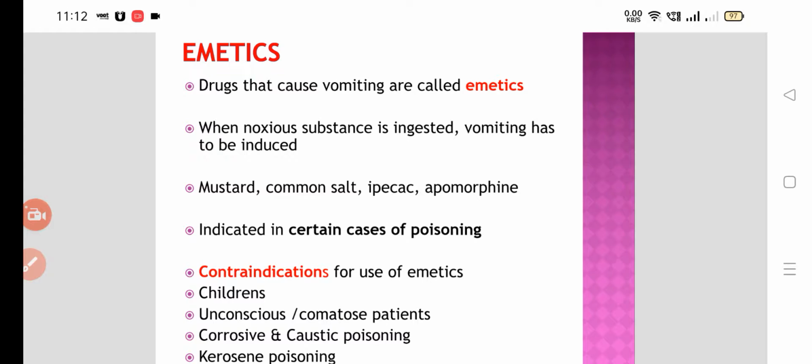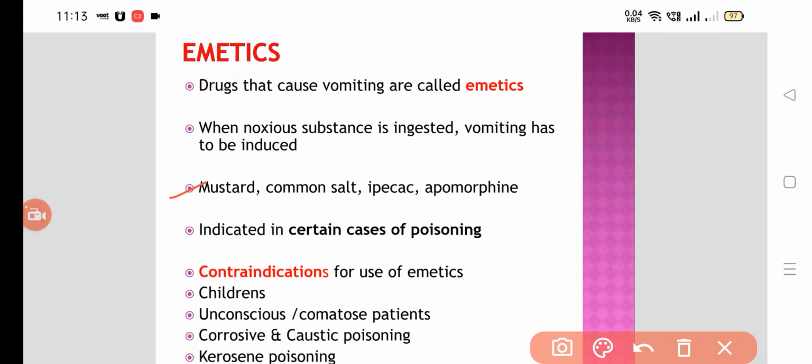When a noxious substance is ingested, vomiting has to be induced, whether it was ingested unknowingly, accidentally, or homicidally. Whatever the cause, if it has gone into your stomach, vomiting has to be induced. There are exceptional cases, but in most poisoning cases which are accidental, vomiting has to be induced.